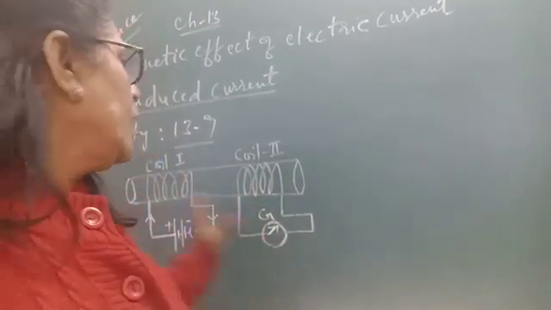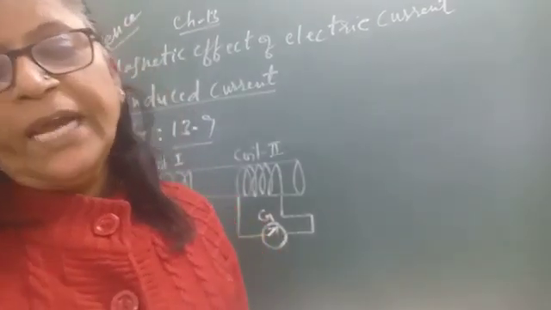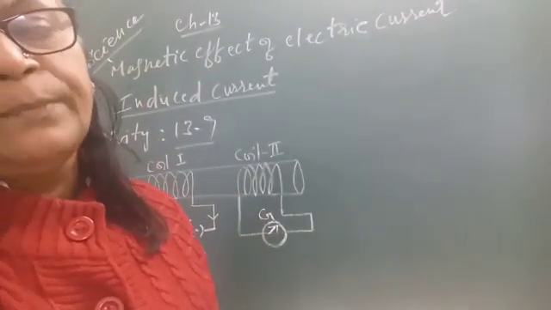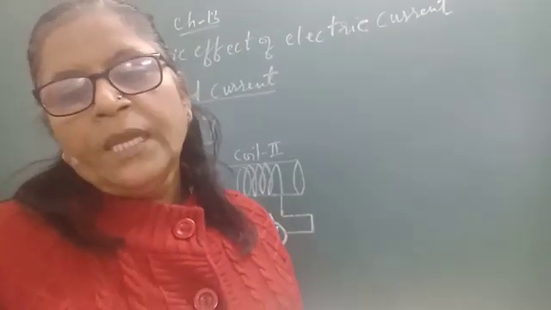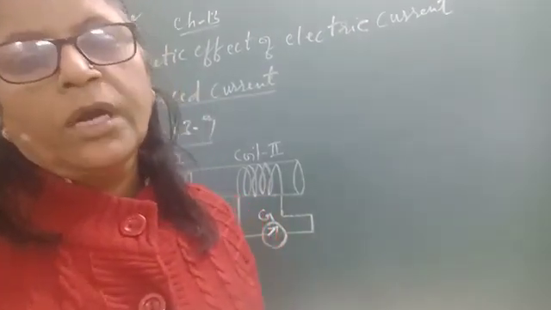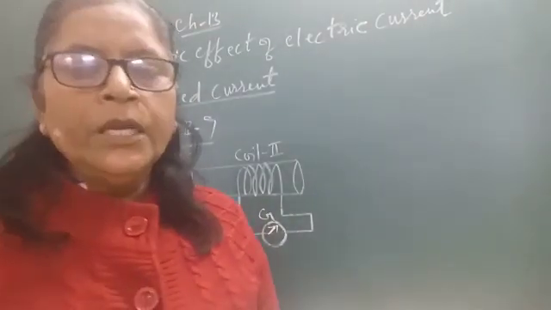Now disconnect coil 1 from the battery. You will observe that the needle moves but in the opposite direction. This means that now current flows in the opposite direction in coil 2.